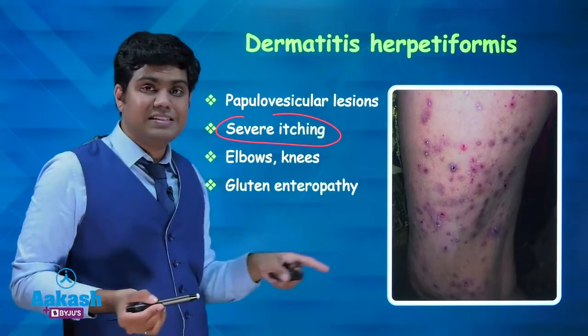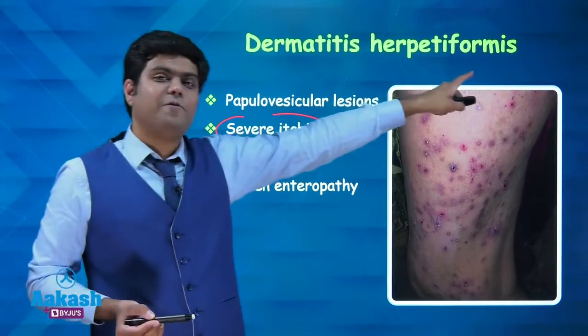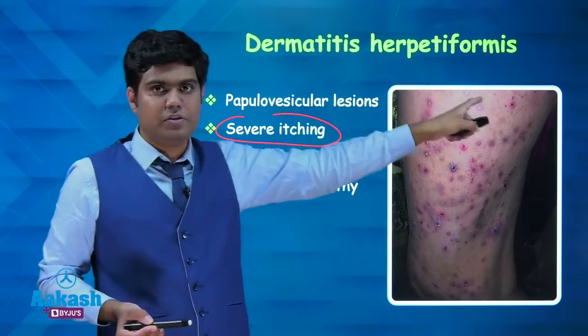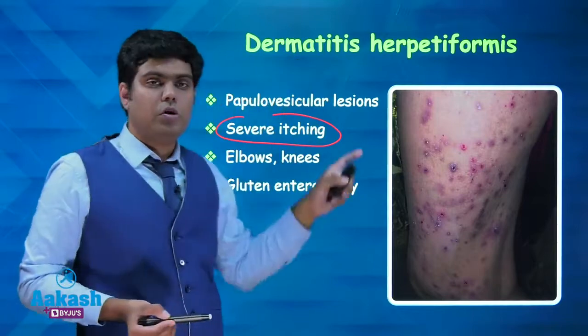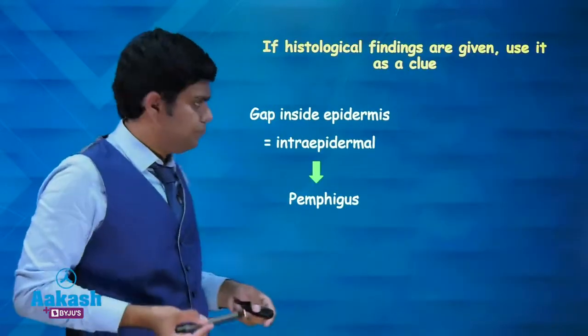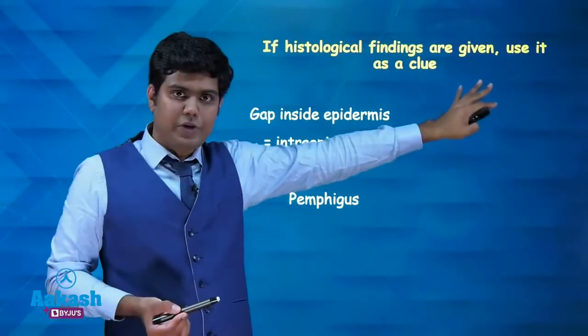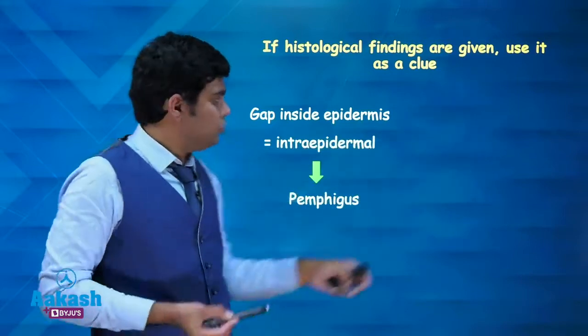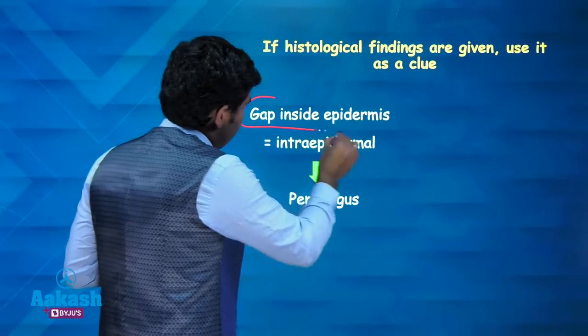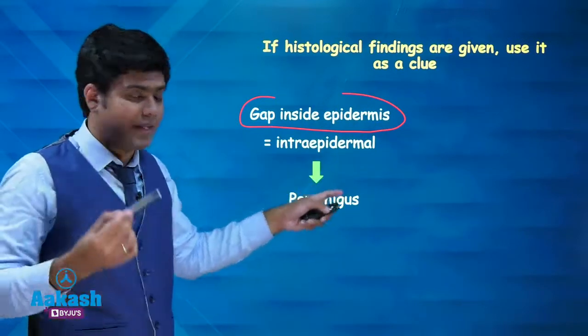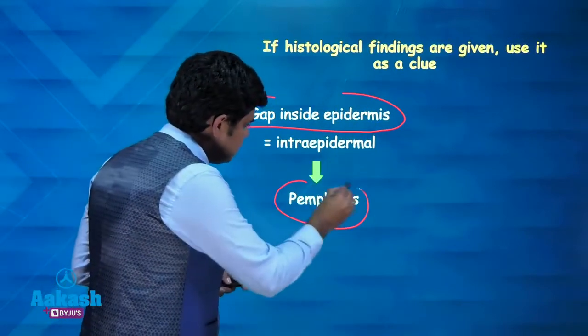Gluten enteropathy, it is dermatitis herpetiformis, right? It is not related to herpes, but it is an immunobullous disorder. Now, if you get the histological findings in the MCQ, use it as a clue. If you see a gap inside the epidermis, then you should think of intraepidermal cleft, and that is pemphigus.